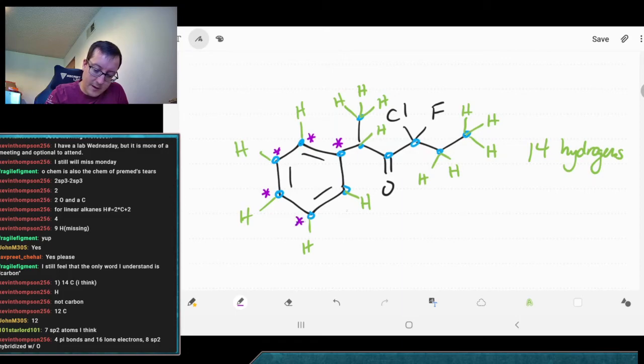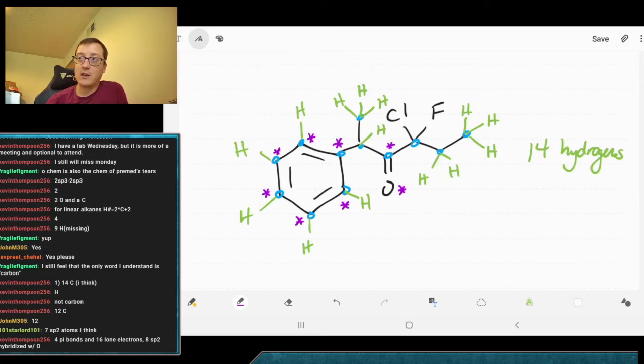All of these guys in the benzene are sp2. We can see that because they all have 1 pi bond each, and 3 sigma bonds. And then we also have these 2 atoms here. So don't forget to count the oxygen as part of your sp2.